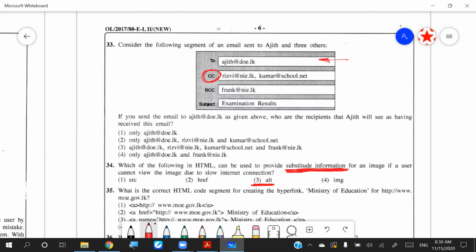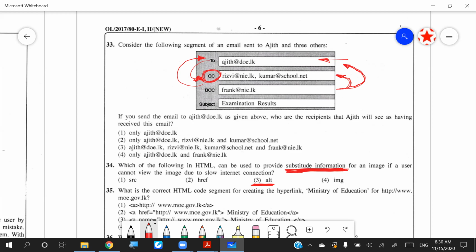But people in the BCC position get to see who all are receiving this. So BCC people can see everyone. The To person can see the CC. And CCs can see the To as well, so themselves and the CC.